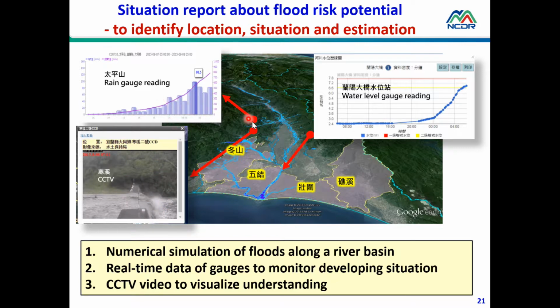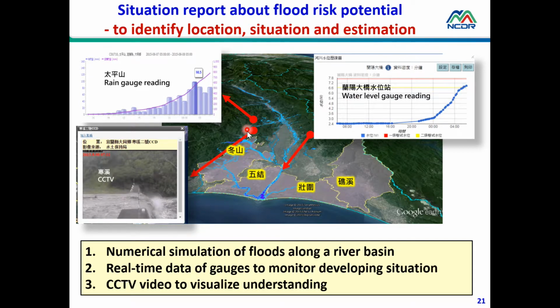This is the rain gauge data in the upstream area, which shows there is still an increasing trend of precipitation. And in the middle stream area, we also find the water level gauge beneath one bridge is still rising.